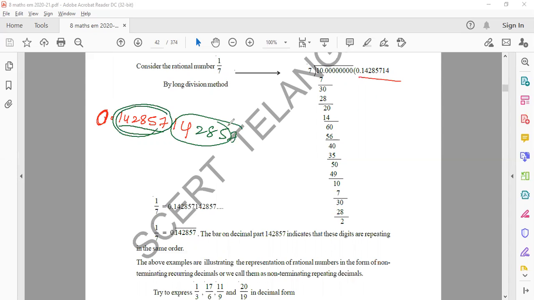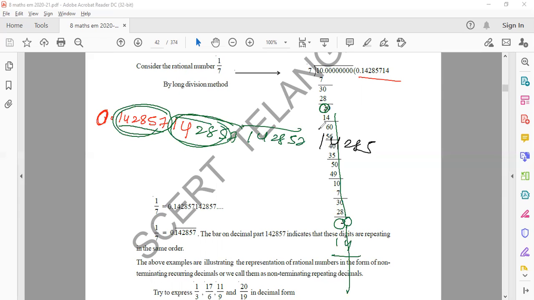This is the value going to be repeated next, because here they got 2, and one more 2. This process will continue for the next also. Now 20, now 14, no failure. This is the value going to repeat. Next again you get 1.2857, then another 1.142857.